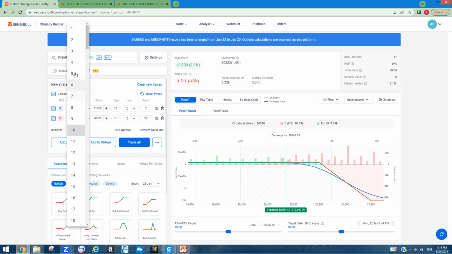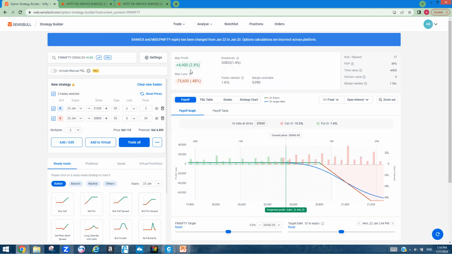At least you will get some money even after paying the brokerage and charges. In option selling, the charges are less because the tax is less compared to option buying. So with 2 lakhs you can still make some money.